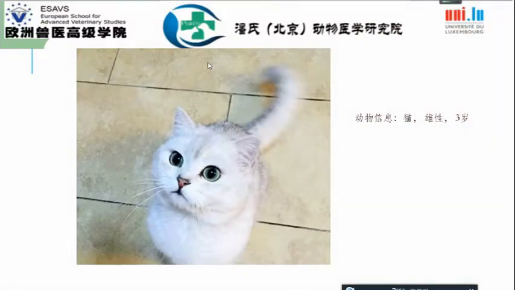So we will see this case. His name is Bei, around 3 years old, a male cat. This cat has had this kind of disorder for many years, and each time the cat cannot pee, the owner brings the cat to a clinic, and the doctor tries to put in a urinary tube to draw the urine out, and then gives anti-inflammatory treatment. All the treatments are correct, but this cat always has this problem.